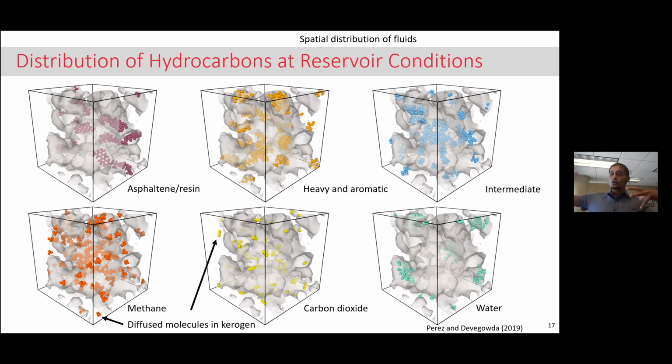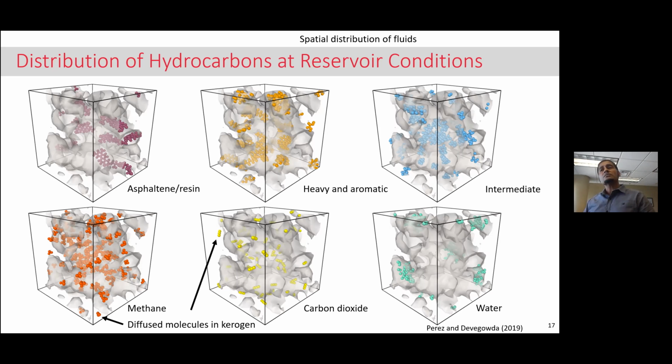So I can go to another location within the reservoir, as long as I'm not going across a fault or something like that, and the fluid composition is pretty much the same. But here, adjacent to the pore walls, I have heavy species. Closer to the centers of the pores, I have some of the lighter species, things like methane and propane and ethane.